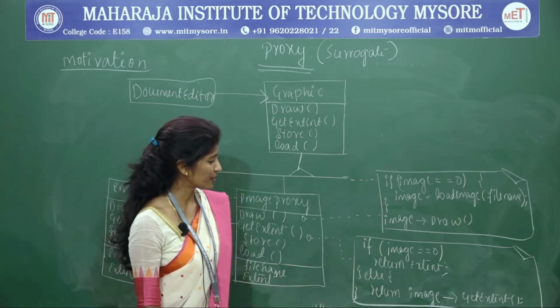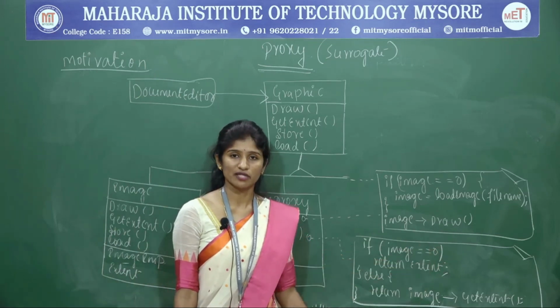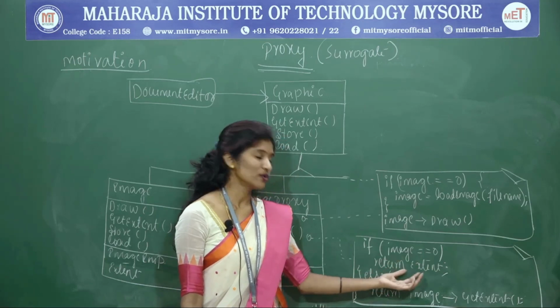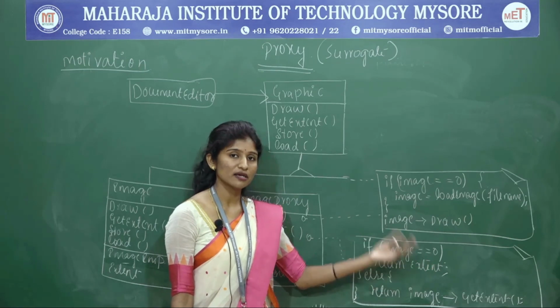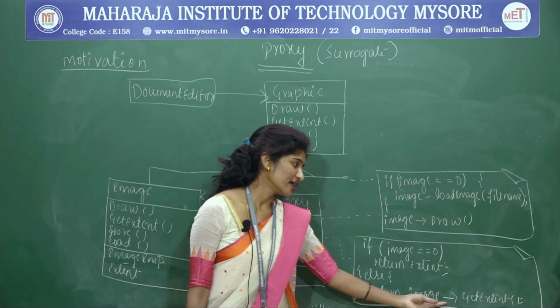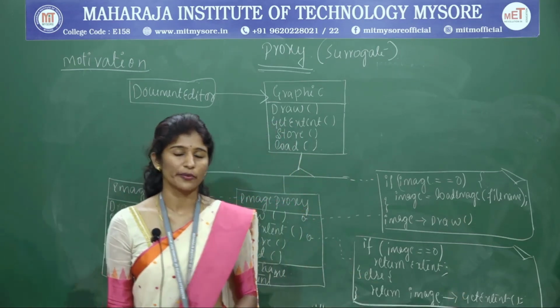So we'll see what it is going to implement. Again it is going to compare the image with 0. If it is 0, then you are going to get the extent of that one. If it is not 0, some other integer value, then else it is going to return the get extend operation, that is, retrieve that operation.